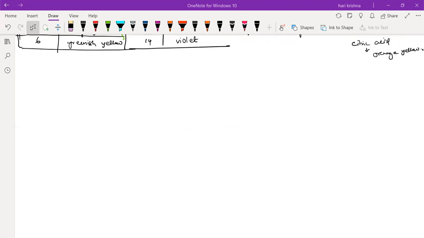Can you resend the link? I just got disconnected. Check it once again. Remaining four are left.